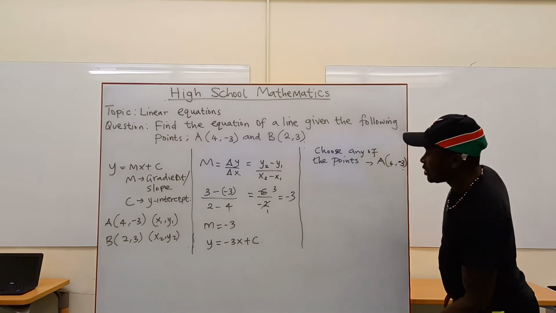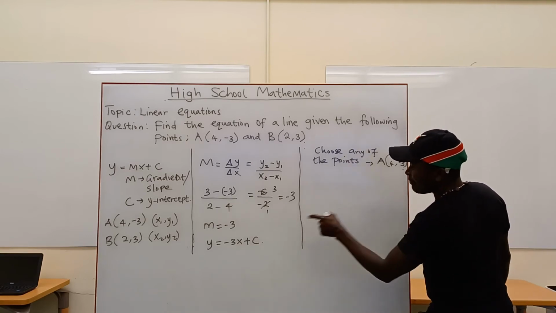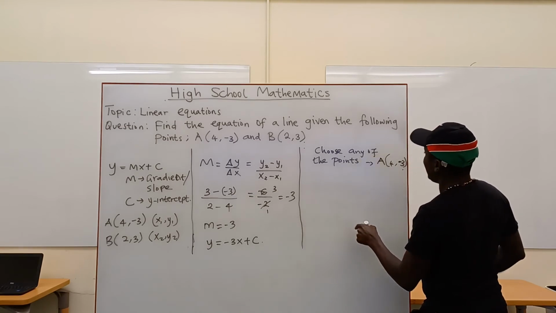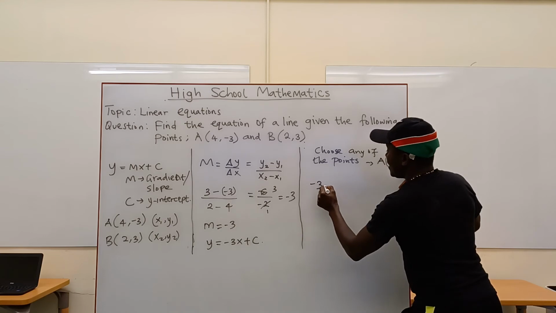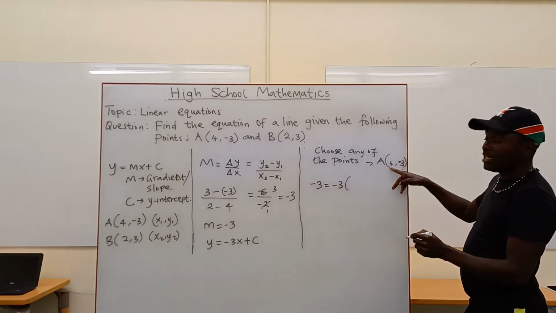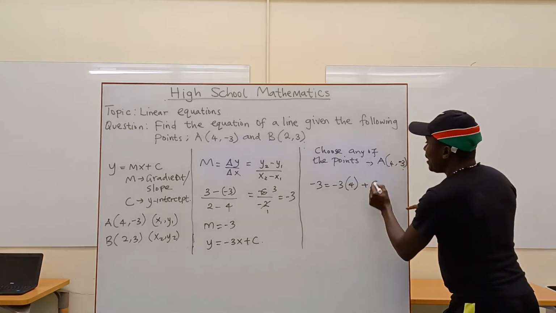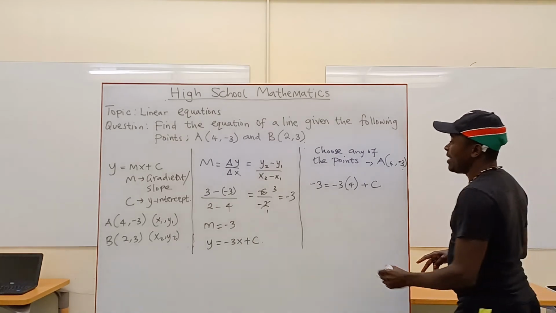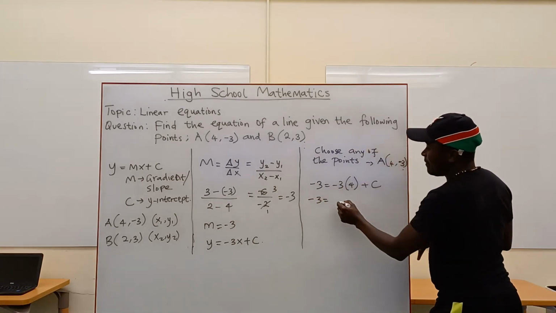In the simplified formula, y = negative 3x + c, the y value here is negative 3. So negative 3 is equal to negative 3 times the x value, which is 4, plus c. Go ahead and simplify that further: negative 3 multiplied by 4 gives you negative 12, plus c.